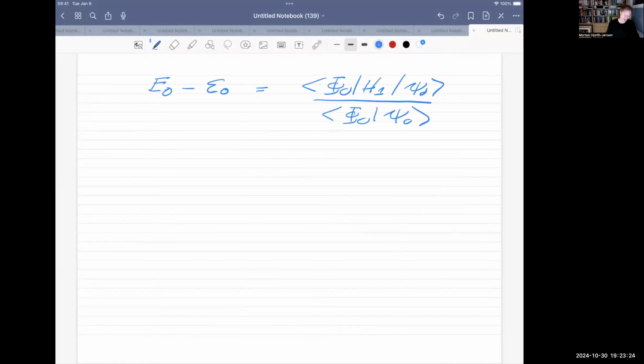So what we're also going to do now is to use this trick with intermediate normalization. And we're going to simply assume that this is equal to 1, and phi 0 of psi 0 is also equal to 1.